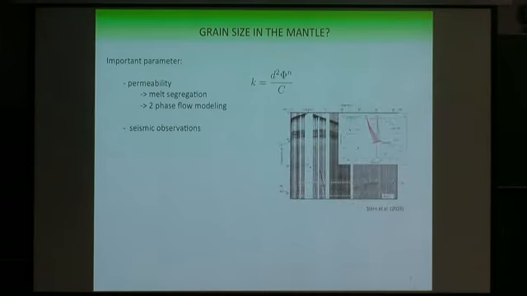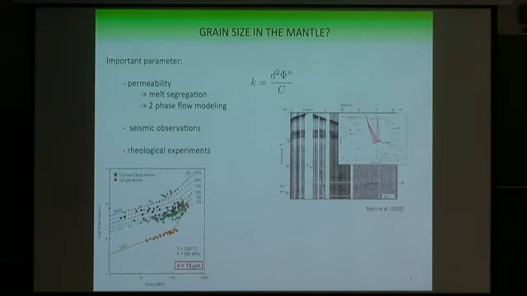But it also gives insight on the seismic observations that we have of the mantle, and also it can help out with rheological experiments where sometimes stepping strain rate experiments are performed, and it is important to know what's the grain size during the experiment at a known strain rate or stress condition.